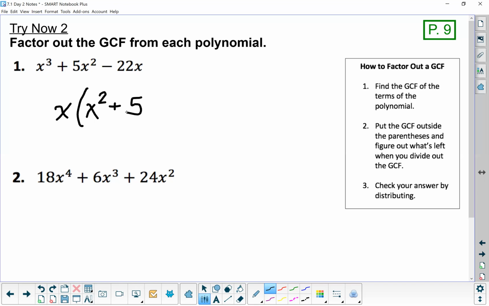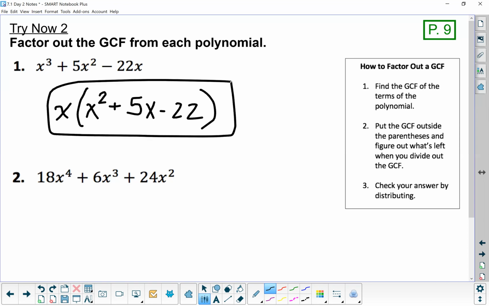We're left with x to the 1st power, or just x. The last term we have had negative 22 times x to the 1st. We factored out that x, so we don't have an x in that term. And there would be our factored out version of that expression.